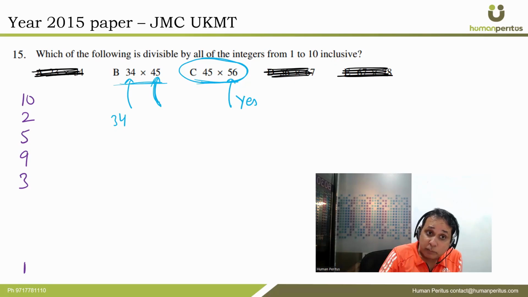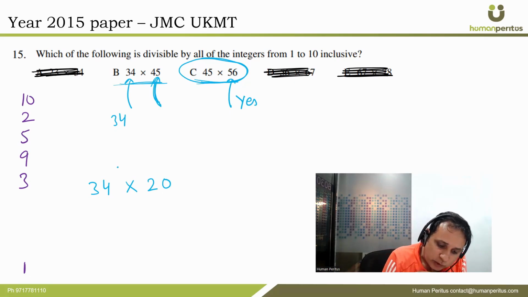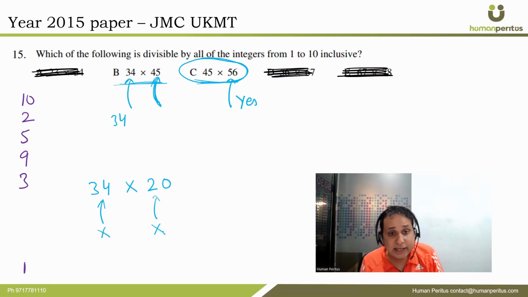Sometimes it might happen that there is a number, and let me show you. If I write 34 into 20, and I try to divide by 8, here it is not divisible, and here it is not divisible. But can I say now it is not divisible by 8? No, it will be wrong, guys.